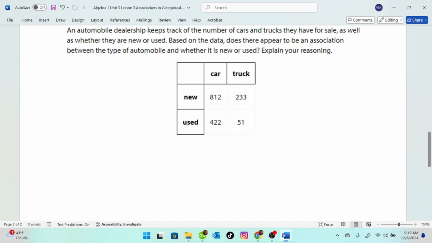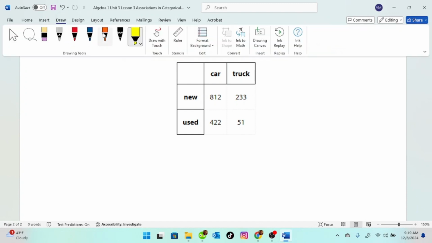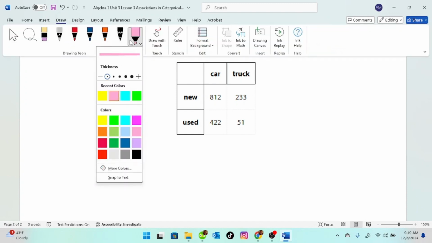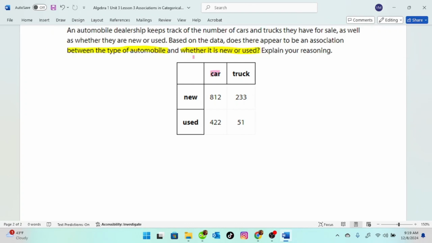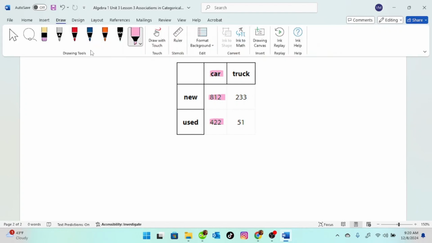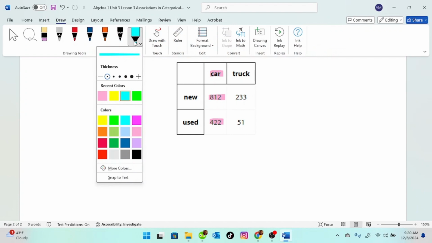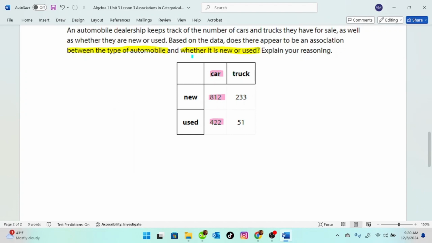So, because it says between the type of automobile and whether it is new or used, I'm going to look at the likelihood that a car is new or used versus the likelihood that a truck is new or used.